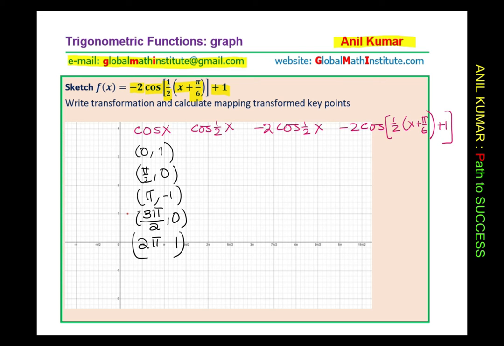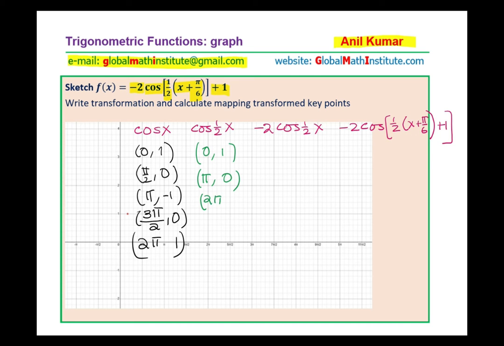Now, when I say cos of half x, in that case, the x coordinate value stretches by a factor of 2. So the point here will not move vertically. Vertical point will remain same. Horizontal will be multiplied by 2. So we have 0, 1 here. Multiplying pi by 2 gives us pi, y value remaining same.